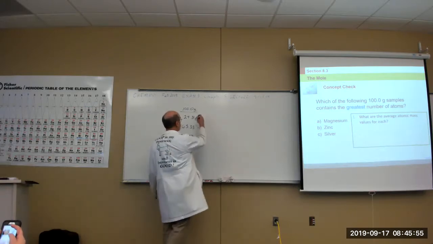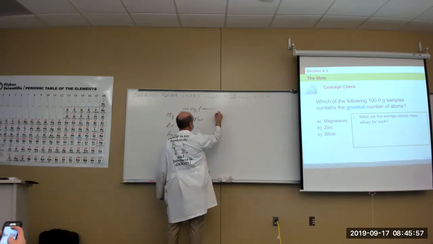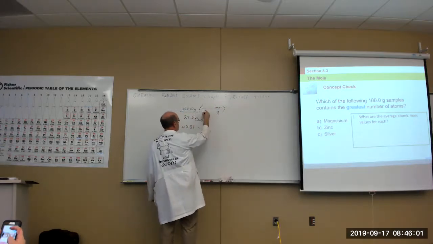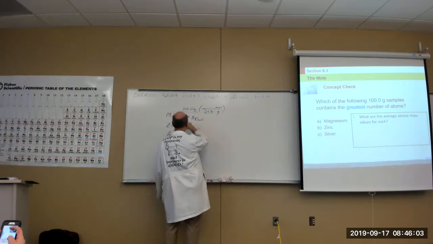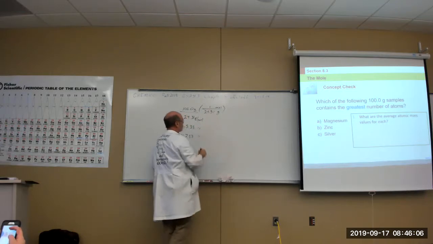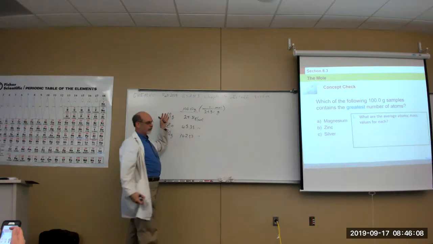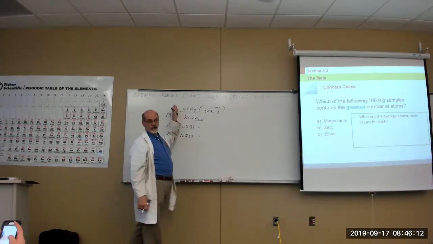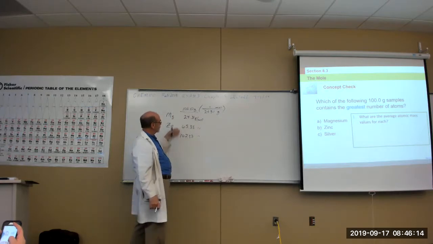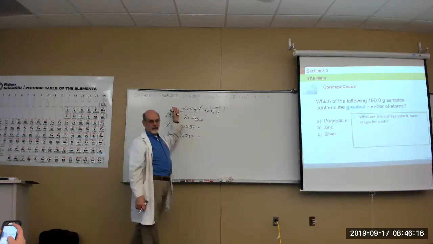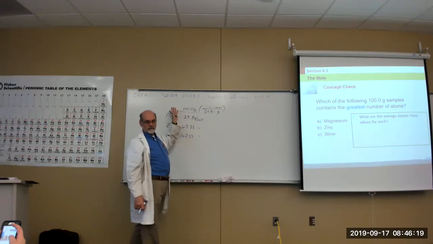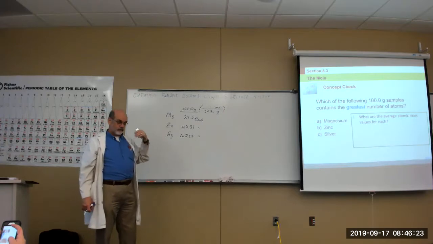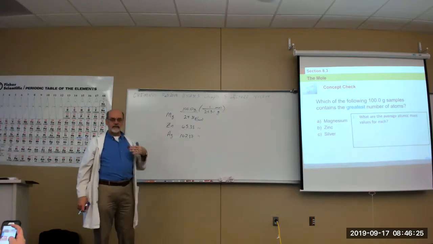Just say 100 grams and do that. Then you do this for magnesium, and 24 into 100 is a certain number, but 65 divided into 100 is a lesser number, right? And 100 divided into 100 is even less than 1 mole. So the lighter the atom, if the masses are equal, the lighter the atom, the more of them you have.